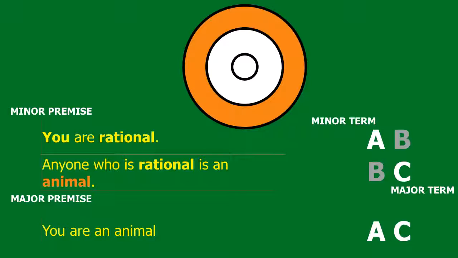And this is why they're called minor, middle, and major, because the scope of the minor term is minor, the scope of the middle term is somewhere in the middle, and the scope of the major term is major, big. And that's why you have the conclusion, because what the middle term does is, in the minor premise, it puts the minor term into the middle term, and then the major premise puts the middle term into the major term, and therefore the conclusion is that the minor term you is put inside the major term animal.